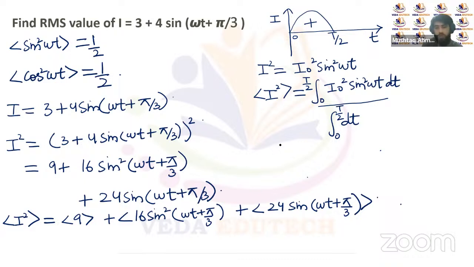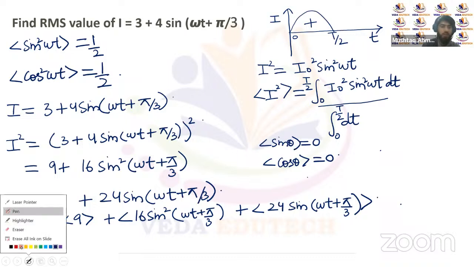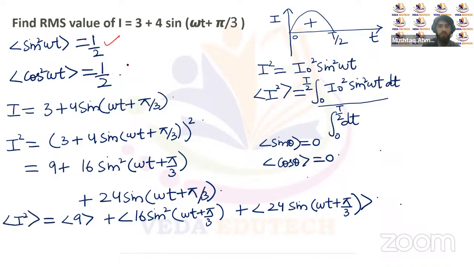One more important point to note here is that the mean of sin θ is equal to 0 for the complete cycle, and the mean value of cos θ is also equal to 0 for the complete cycle. The mean of sin square θ is half, and the mean of cos square θ is half, for the complete cycle.